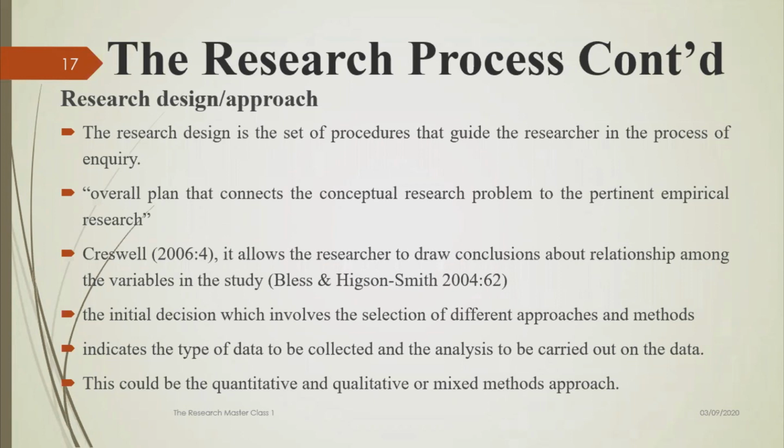And then the research design also allows the researcher to draw conclusions about relationships when it comes to the variables you have established in your study. And we would go into these in detail in our future classes.